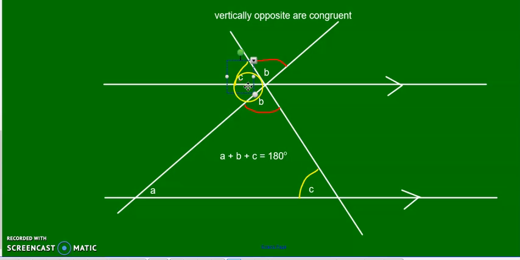Since the two lines are parallel, these are the same. This relationship is called corresponding angles. Corresponding angles are congruent.